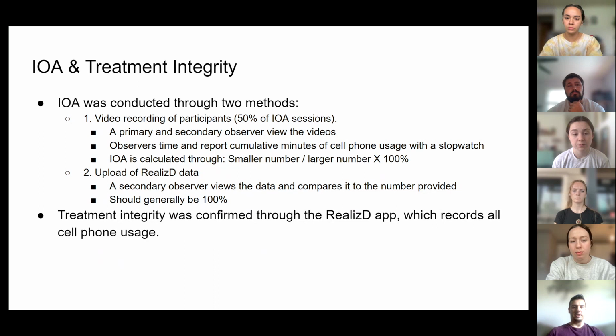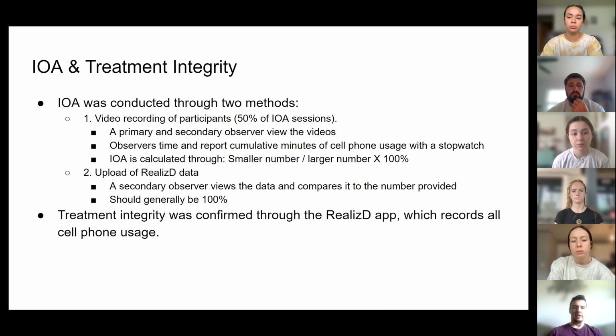And then IOA is calculated through the simple formula of the smaller number divided by the larger number multiplied by 100%. Within this, we have the slight limitation that we could not use seconds. We had to use minutes in order to compare the data to the RealizD data that's reported within our graphs.